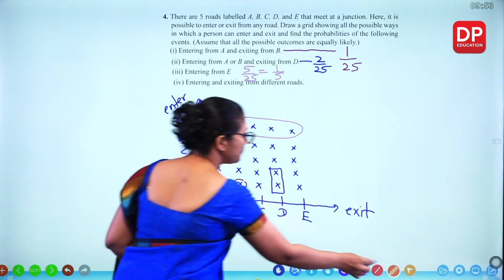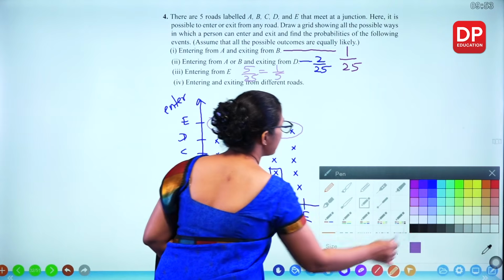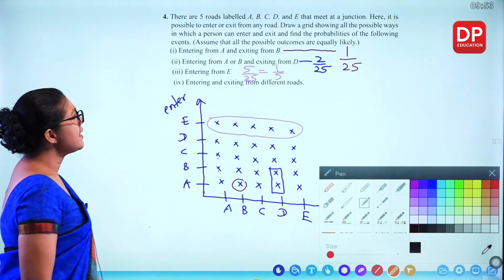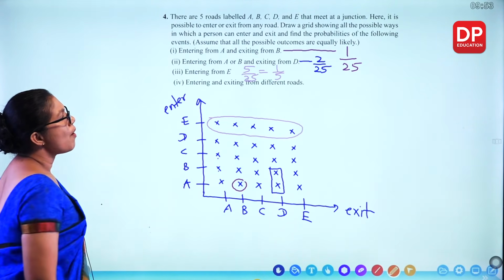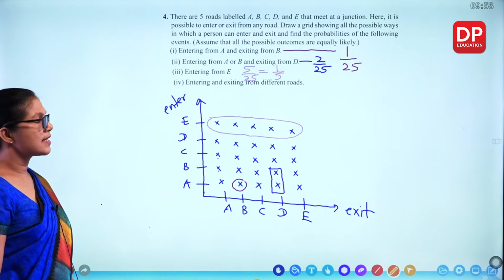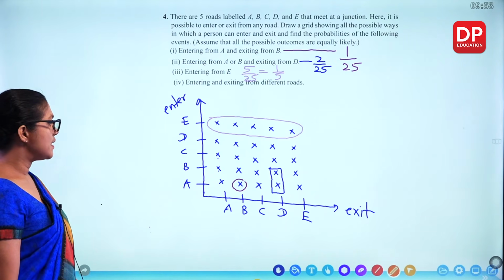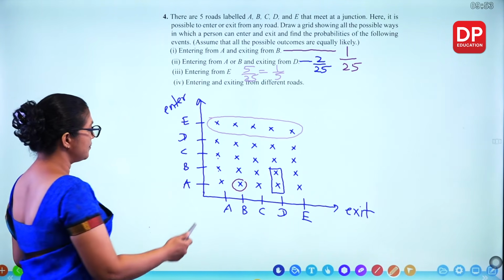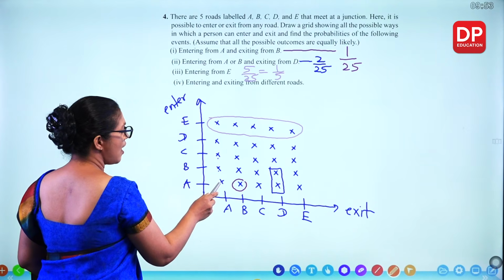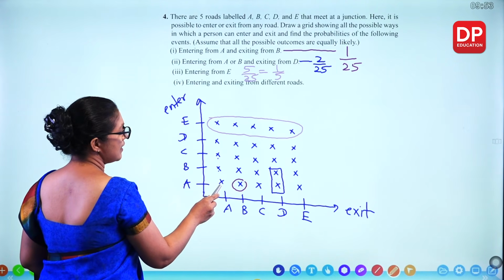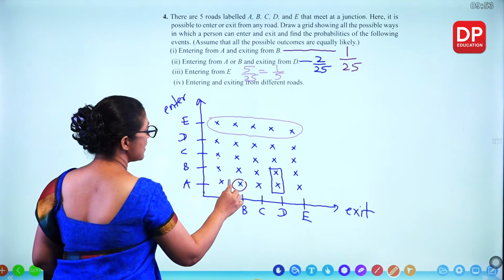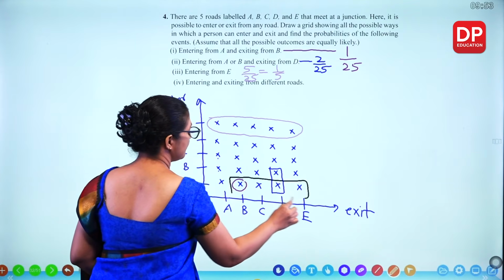Last part, I'll take black. Entering and exiting from different roads. Different roads means if you take A, you can't take A again, so you have to take this part.